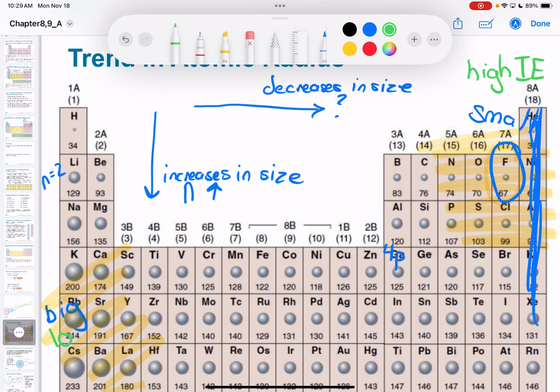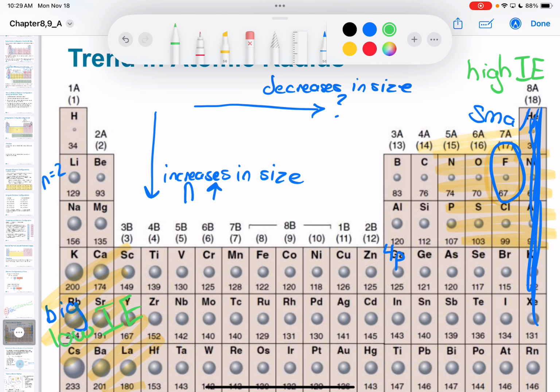So rubidium has a low ionization energy, meaning she gives up her electrons really easily, okay? She's a really big atom, and she doesn't have a very good hold on those electrons because she's big and her electrons are really far out, so they're not very close to the nucleus.